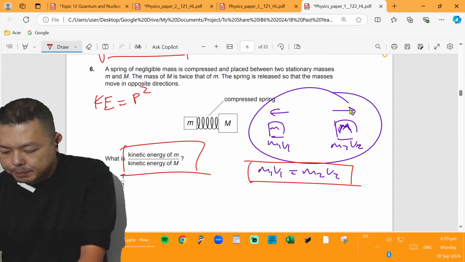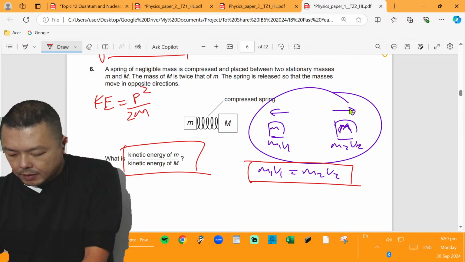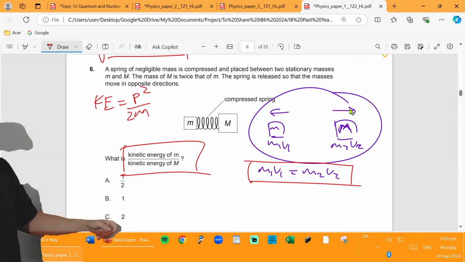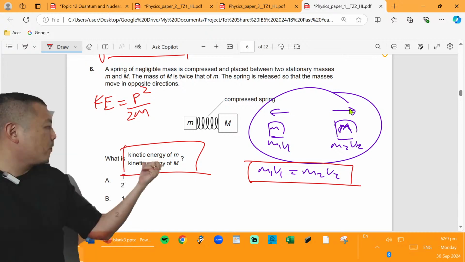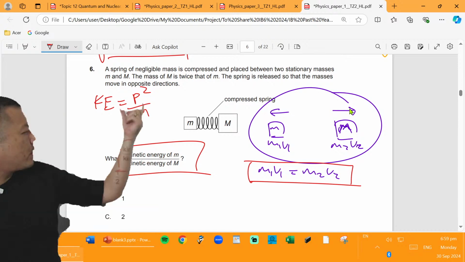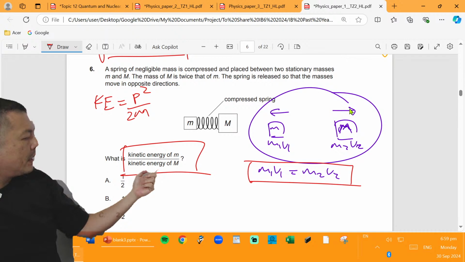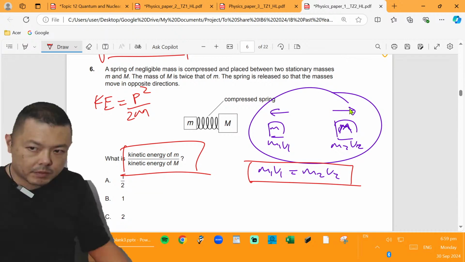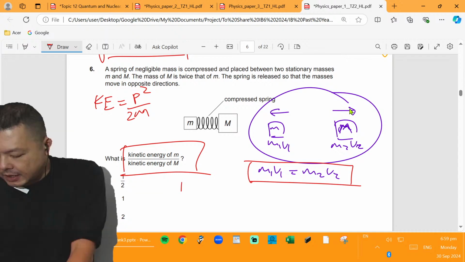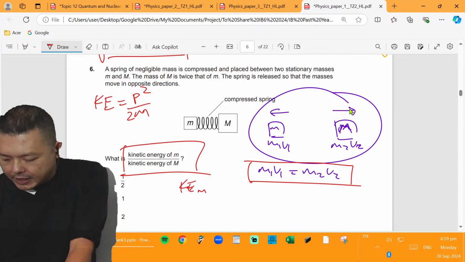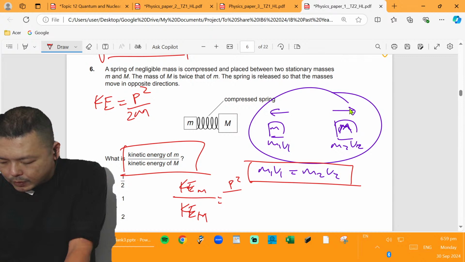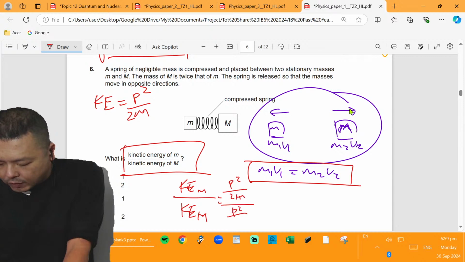So that means you can put in P squared over 2m for small m and P squared over 2m for big M, and both of them have the same momentum. So KE of small m over KE of big M is equals to P squared over 2m over P squared over 2 big M.